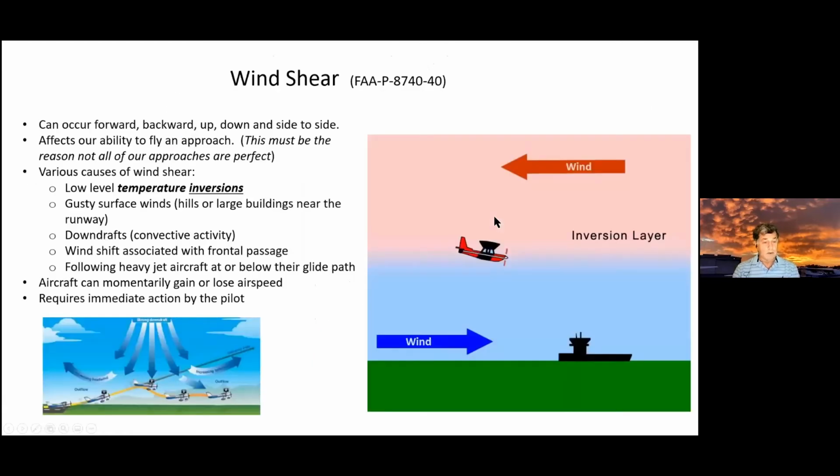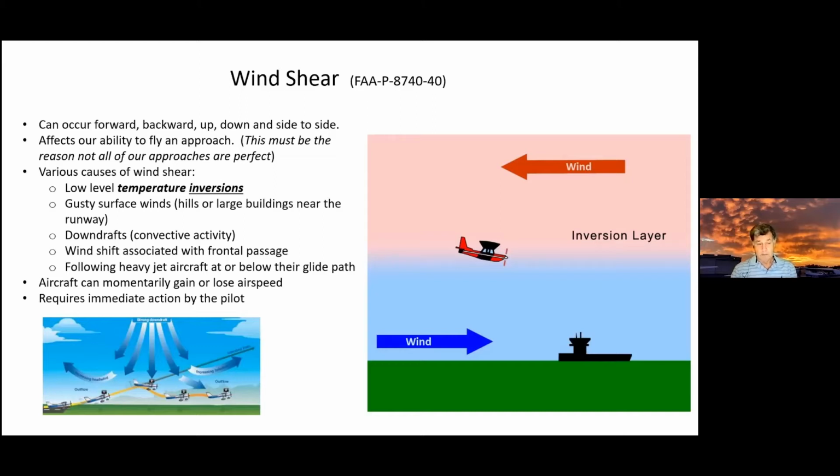All right, so here's another example of where we have an inversion and we have wind shift. There are other things that can cause wind shear. These can be winds that are blowing around buildings or terrain as we're shooting an approach. It can be downdrafts from convective activity. We can have a front moving through. Anytime a front moves through, we know that we're guaranteed a temperature change, a pressure change, and a wind shift, guaranteed if a front comes through.